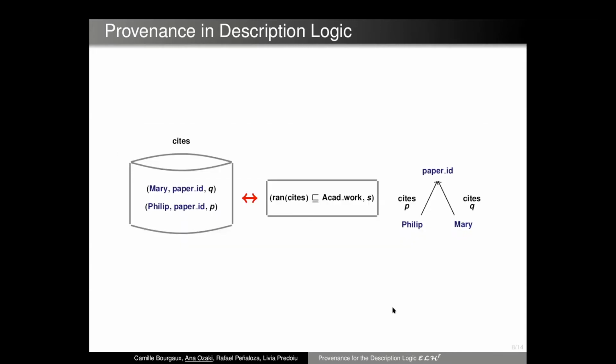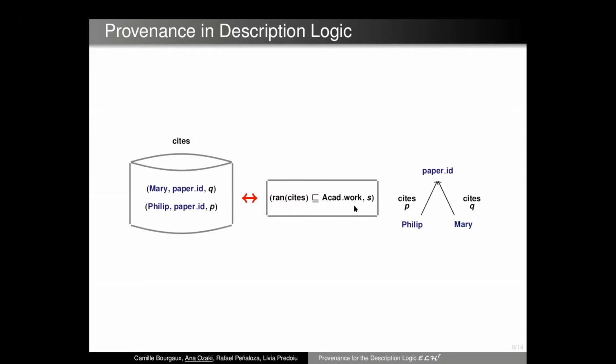So this is an example where I want to give an intuition of what we want to derive with our semantics. So suppose that we have the fact that Mary cites paper ID with provenance Q, and Philip cites paper ID with provenance P. And we also have here a concept inclusion, which says that the range of cites is academic work.